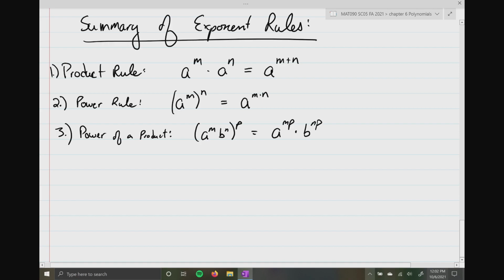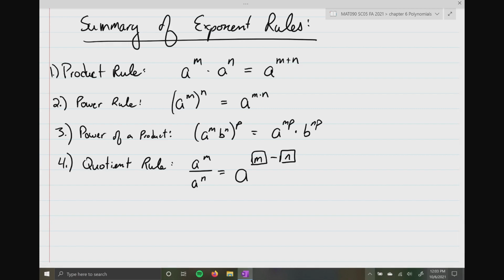So a to the np times b to the np. Today, we added our quotient rule. And you're going to notice something here. Now that we're getting really hardcore into this quotient rule, I'm going to start putting those exponents inside of boxes. You will see why. Just for now, believe me.